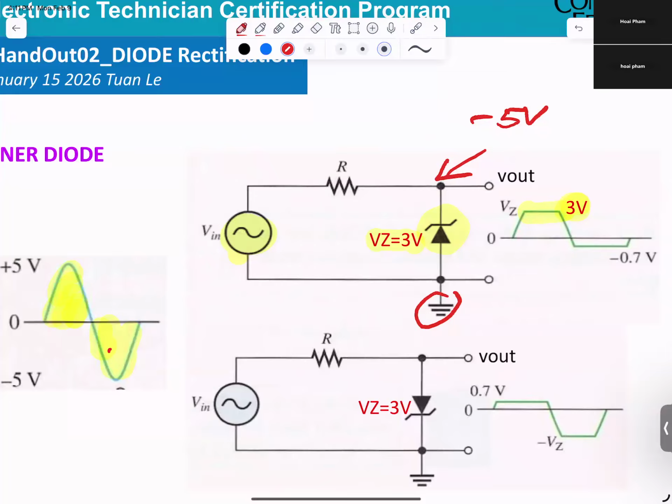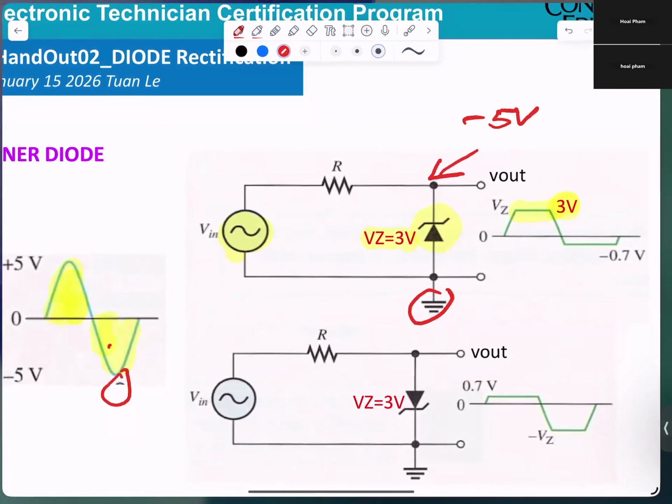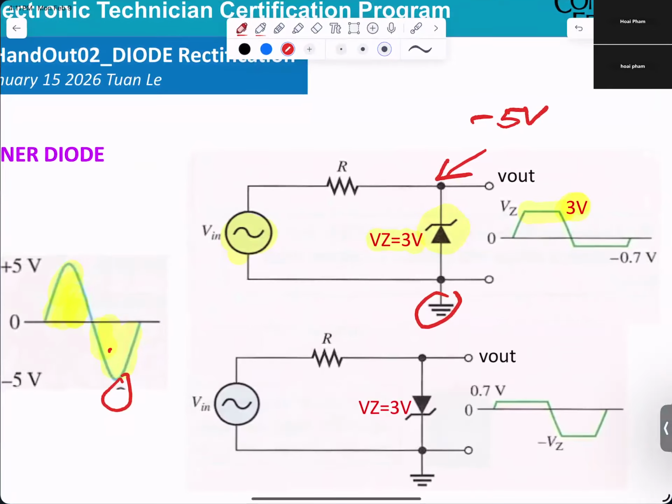On this side, we will go to the negative here, minus, this is the ground. That means the diode now will be on. If the diode is on, you substitute it with a battery. See, battery this way, positive, negative.